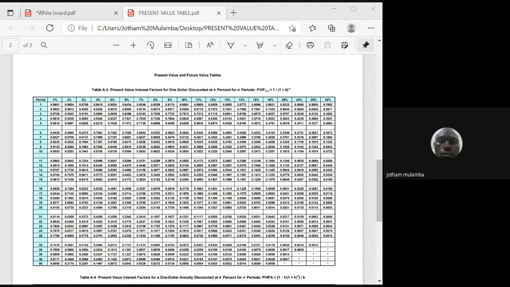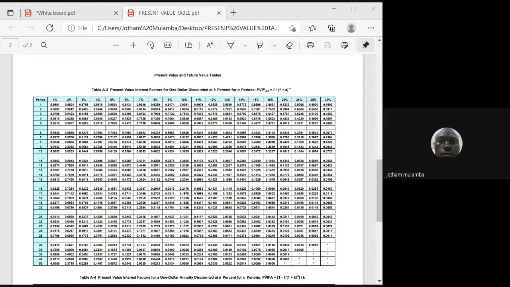We try, and if it doesn't work, you go to the next percentage. So if you are given multiple projects to make a decision, it might consume most of your time. So mostly for IRR, you'll be given one project for the purpose of the exam.